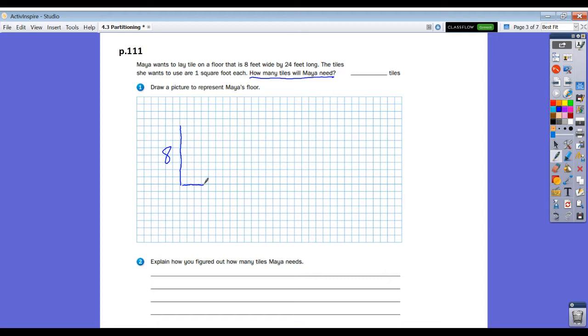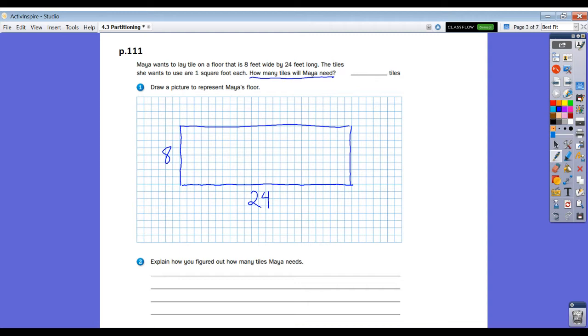Go ahead and draw this on your page too. I'm counting by fives to help me make it a little faster. Okay, so you should have a fairly large rectangle that's 8 by 24. Pause if you need more time to draw yours.